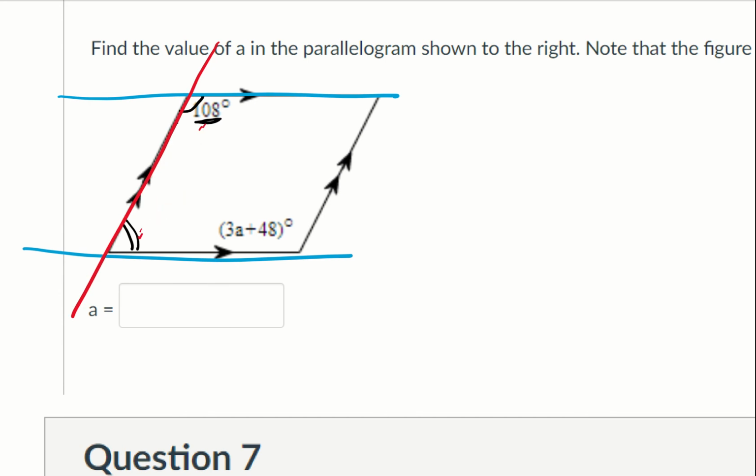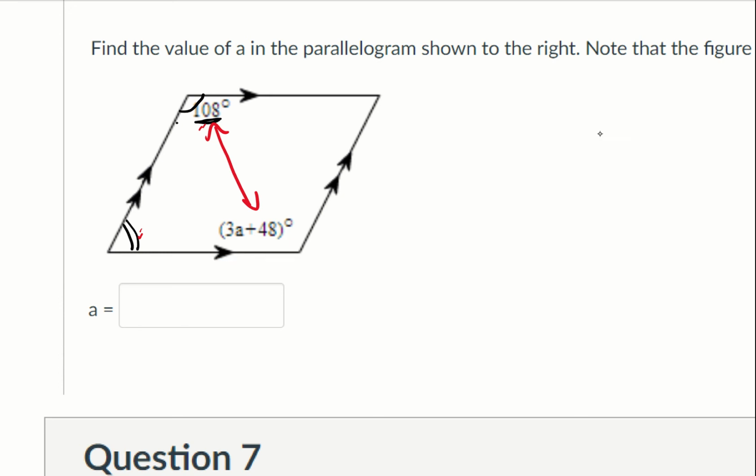Remember, that's a theorem in Chapter 2 for same-side interior angles. These are called consecutive interior angles. Consecutive interior angles add up to 180, and these are opposite angles, and opposite angles we know for a parallelogram are congruent.